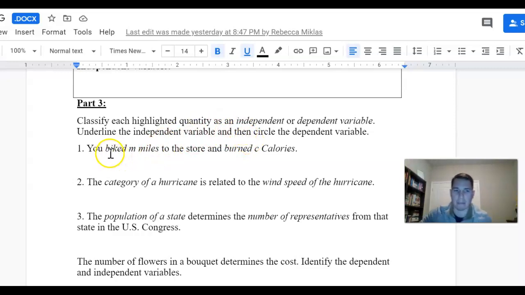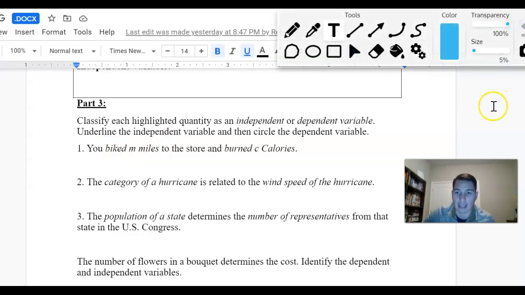If you're thinking we biked M miles, you are correct. Biked M miles is going to be our independent variable. So independent variable, underline. Okay, and that means our dependent variable is the burned C calories.